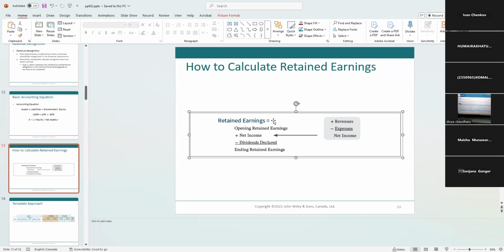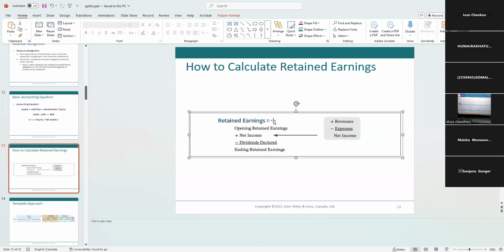Next year, we're starting now with 60, which is coming from the previous year. Let's say we generate again $100 income. Now we have 160 available. If the company decides to declare $10 dividend, our retained earnings is going to be 150 at the end of the year. Next year, we keep going.